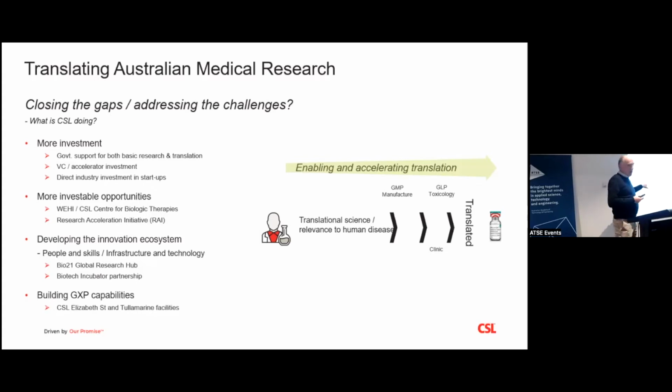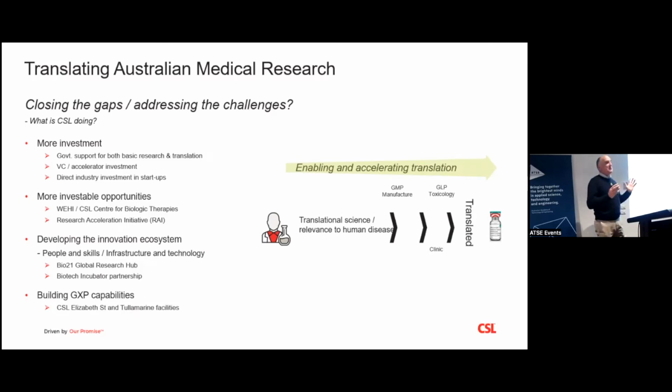We're also looking to create more investable opportunities. There does still seem to be a gap between what industry understands as investable and where there is a clear path forward and where the science might be within the university, the academic sector. So we're working with our colleagues to try and create those investable opportunities.